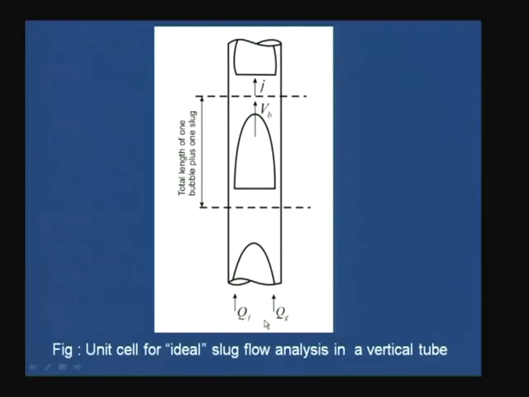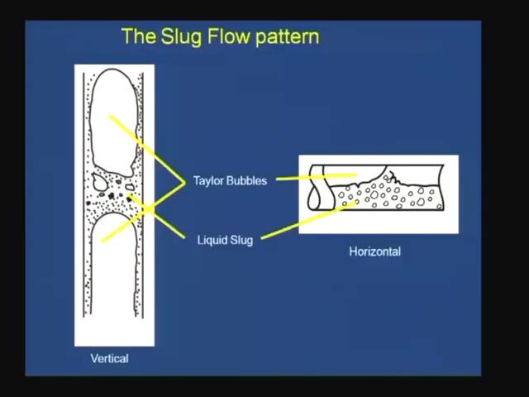To start with, we assume pure liquid slugs. Pure liquid slugs means unaerated liquid slugs, which we usually do not get under ordinary circumstances. As I have already mentioned, when the liquid flowing down meets the upward flowing liquid slug, a wake region is formed.